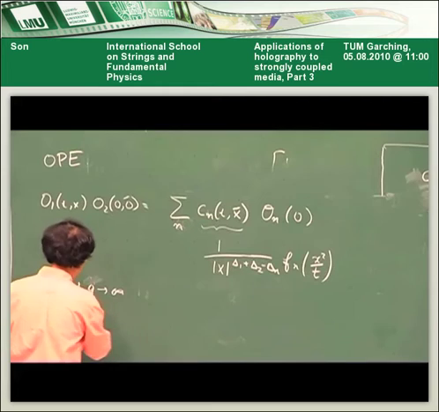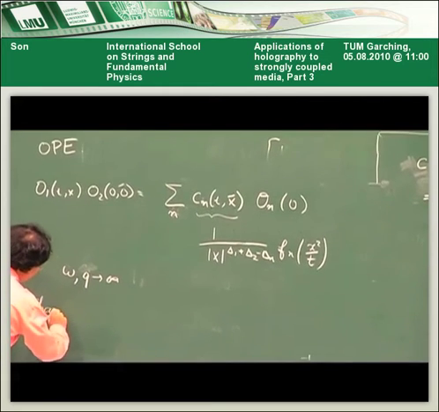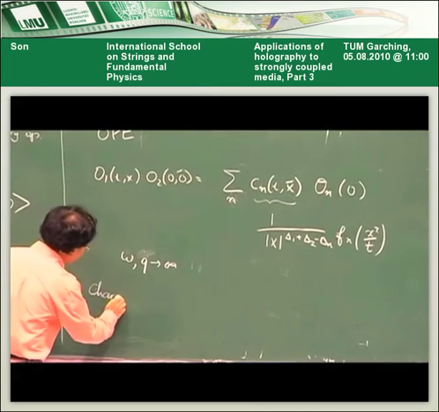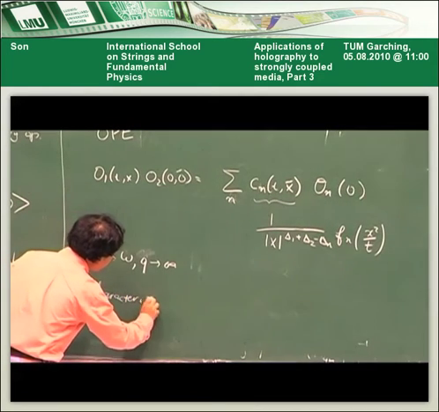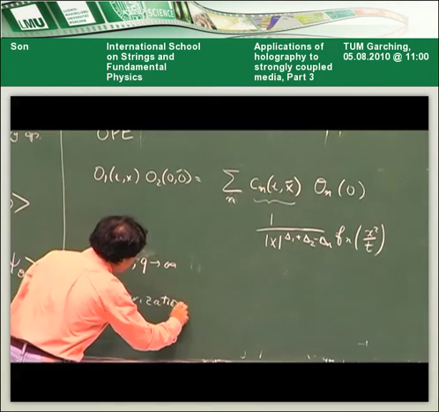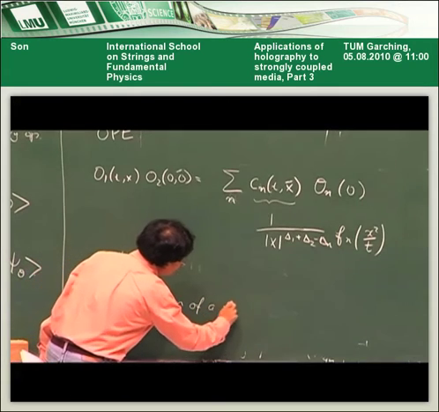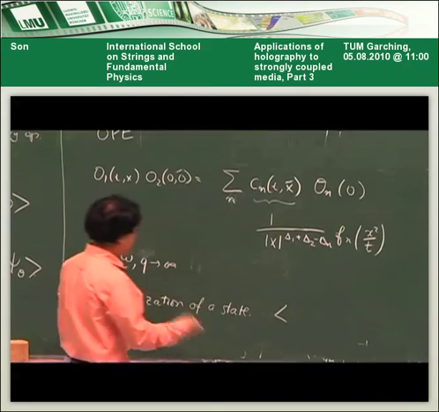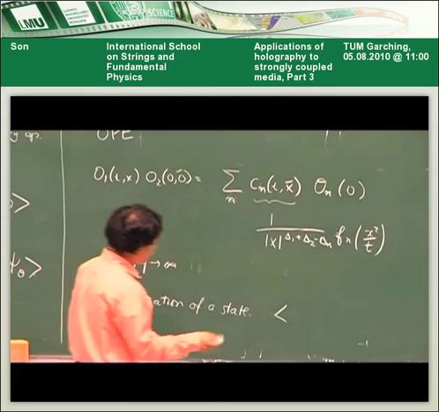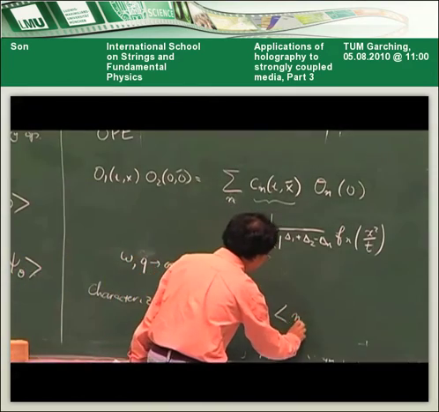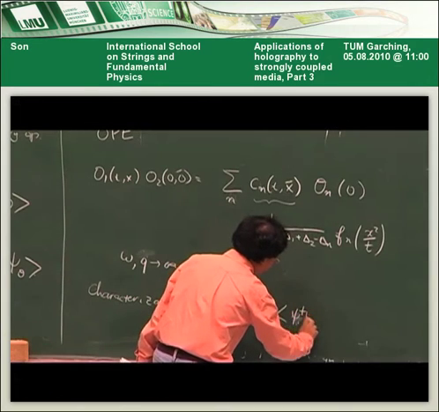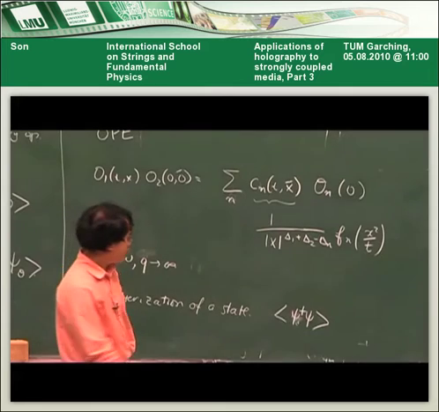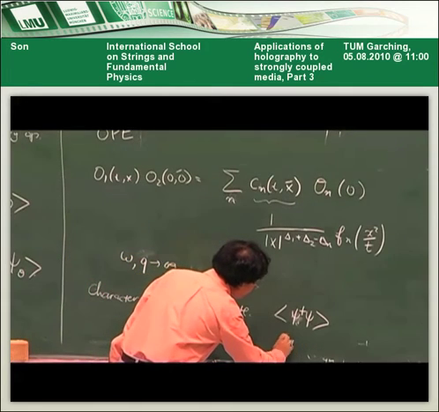So in order to characterize a state, you have to know the expectation value of typically a finite number of operators. For example, you want to know the average density. So psi dagger psi would give you the density. That operator has dimension 3.